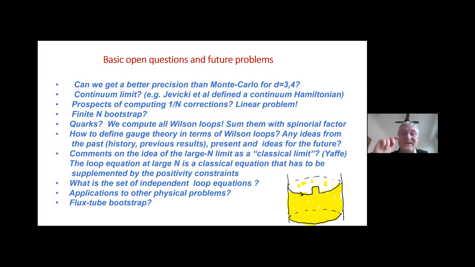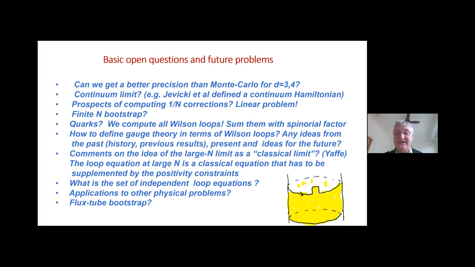I may answer the question, maybe. Of course, at finite N it's a very difficult problem for bootstrap, because if you put your loops at a very big distance, you essentially have to add this distance to the length of the loops. But it's possible if we limit to a certain length between these operators.